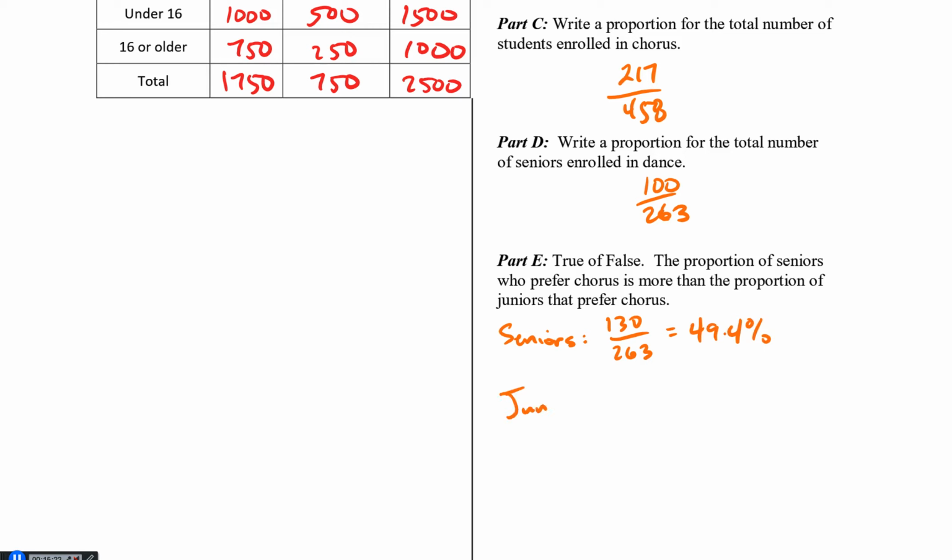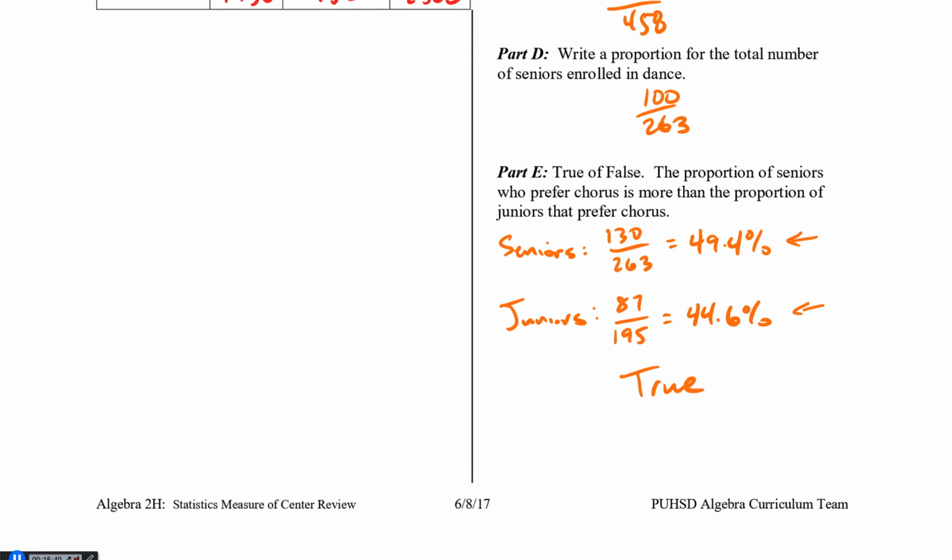And juniors are 87 out of the 195, which is 44.6%. So we're comparing them. Seniors have a larger percentage than juniors, so that answer is true. And that's going to do it for the measures of center review on the stats unit.